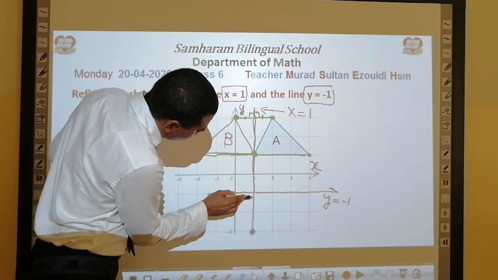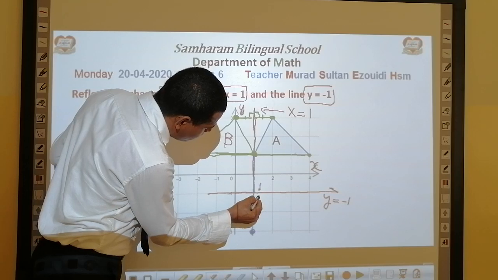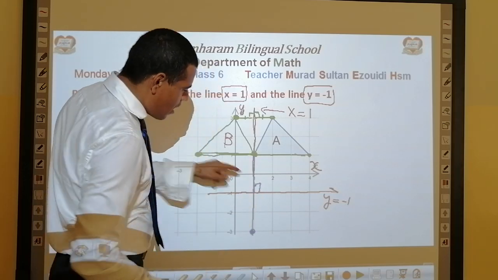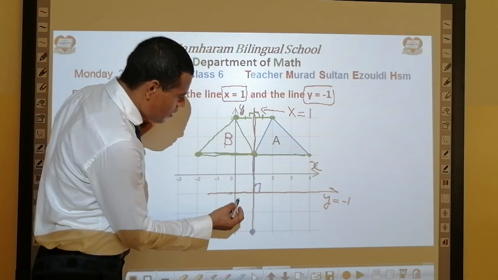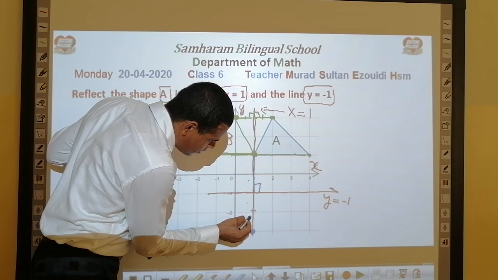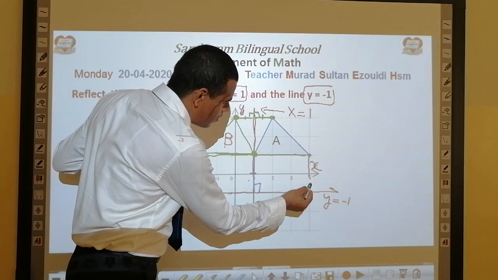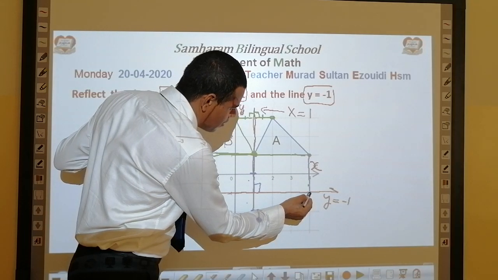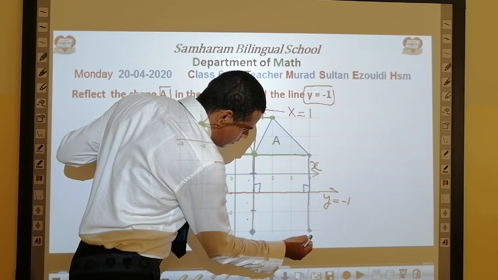I will move 2 units down in the y direction. This is 90 degrees, meaning the angle it makes with the line of reflection is 90. This is 2 units, and this should also be 2 units. This distance is equal to that. Then the second one is also 2 units down in the y direction, at 90 degrees.